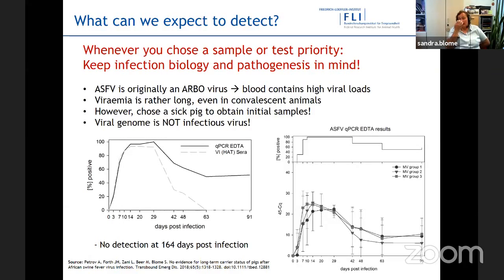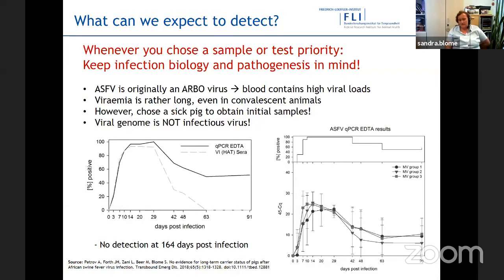And on the right-hand side, you see the comparison of the qPCR from EDTA blood and virus isolation, in this case from sera. And you see that the virus was gone by day 60, at least 63, but the viral genome was still detectable.